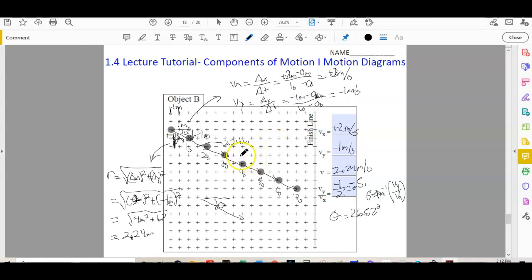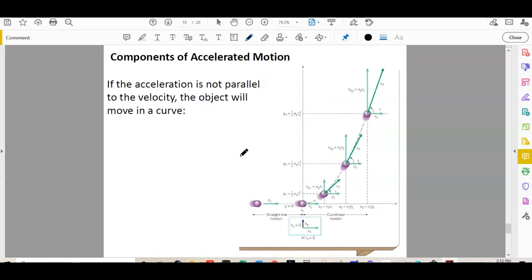Let's do another one, but let's do one that has some acceleration to it. Okay. So now we're going to have to consider a frame where an object can actually be moving at a constant velocity in the x direction, but be speeding up in the y direction, right?